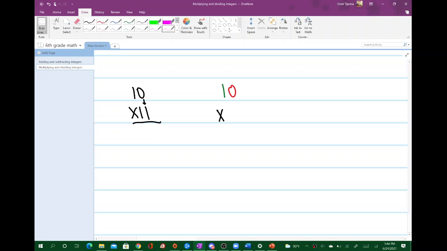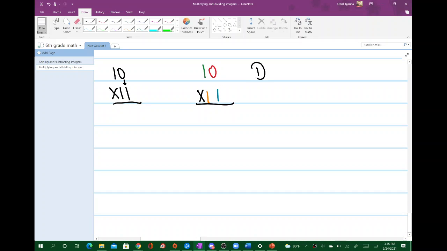Let me use a different color, like this. So number 1, what is 0, my bad, 0 times 1? What is 0 times 1? We know that anything times 0 is 0. Remember that.